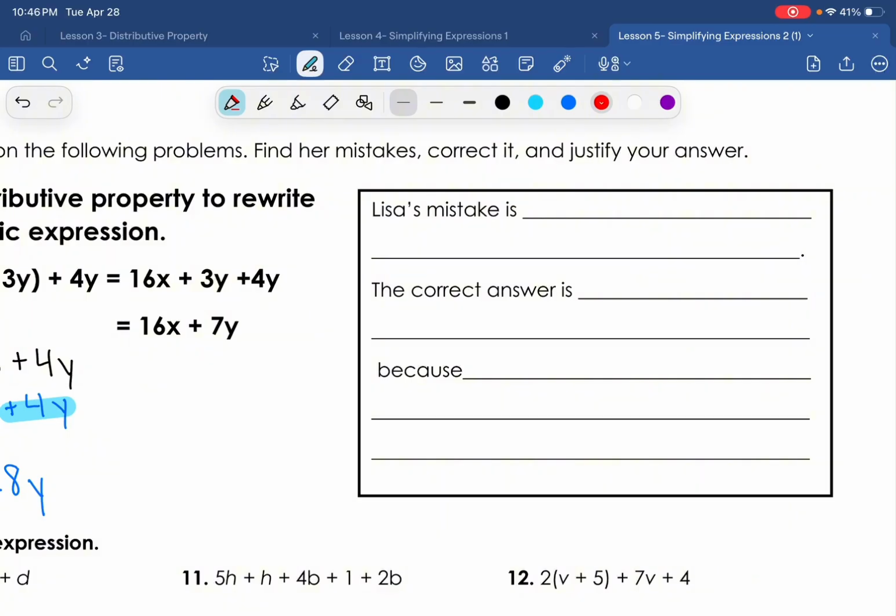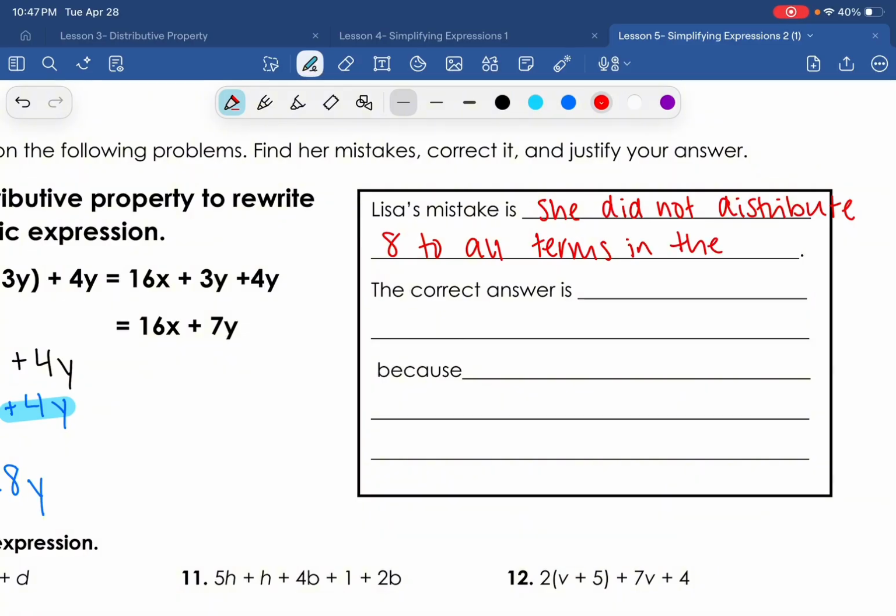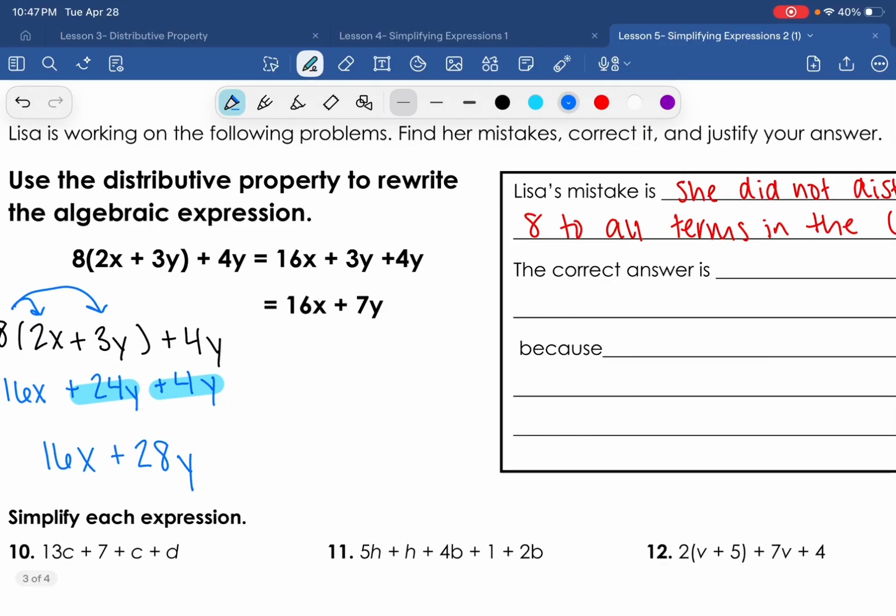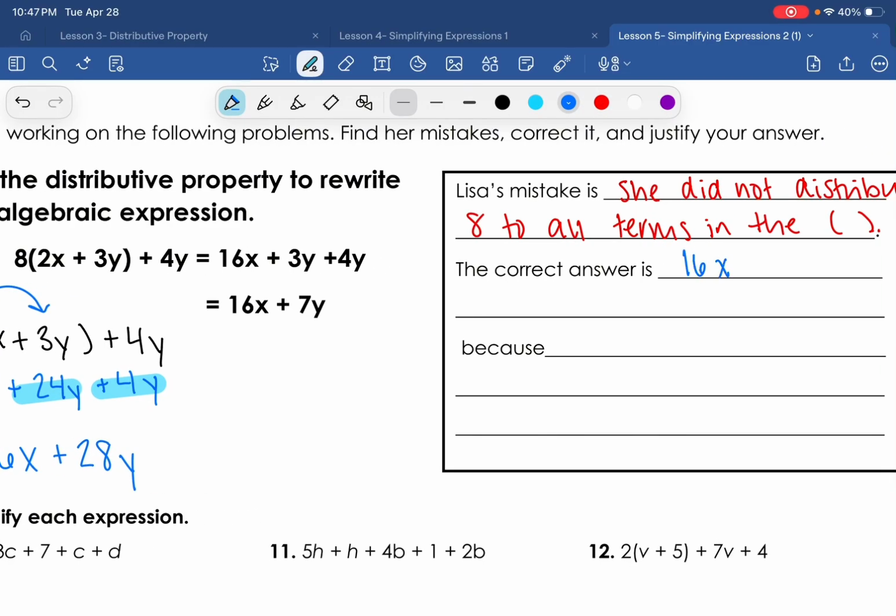So if you said that Lisa's mistake is that she did not distribute 8 to all terms inside the parentheses, you would be correct. So Lisa did not distribute 8 to all terms in the parentheses, right? And we know that the correct answer is 16x plus 28y.